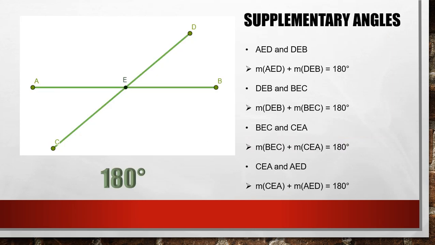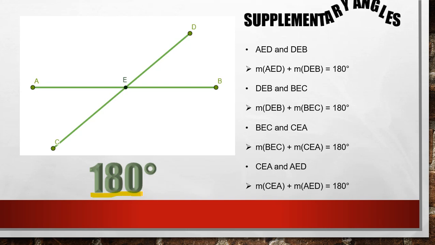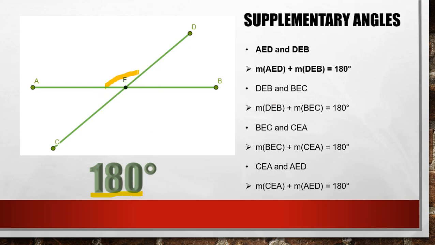Supplementary angles. Examples. The important thing is the sum of two supplementary angles equals 180 degrees. Let's find some supplementary angles here. AED and DEB.